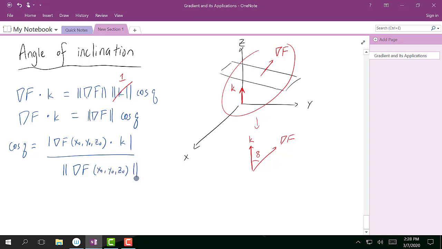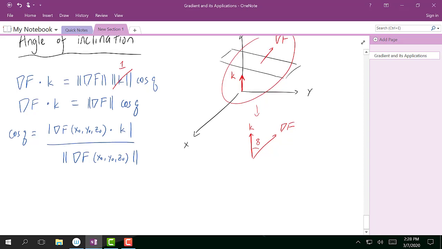To find the specific angle, you would just take the inverse cosine of all this.